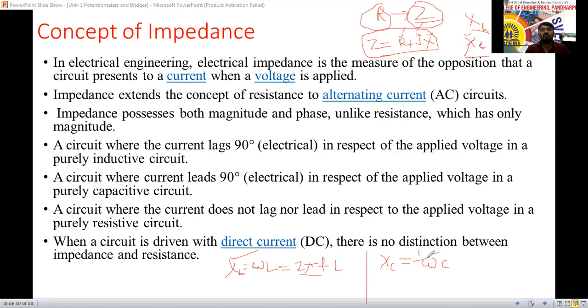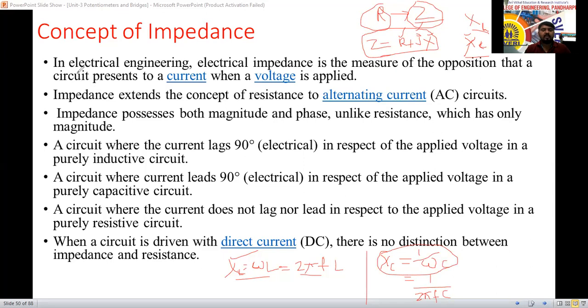Again, omega equal to 2 pi f. So XC equal to 1 by 2 pi f into C. XL equal to omega L is correct, and XC equal to 1 by omega C you have to write down. That is the principle of the capacitive reactance.